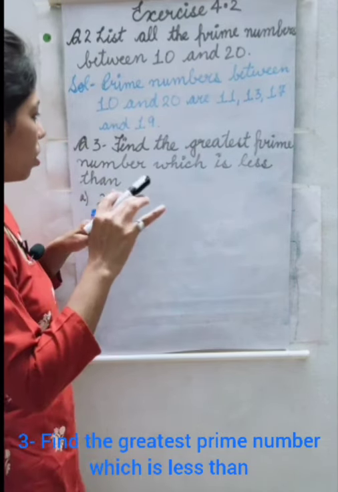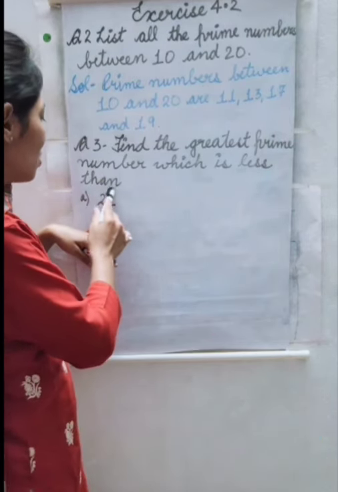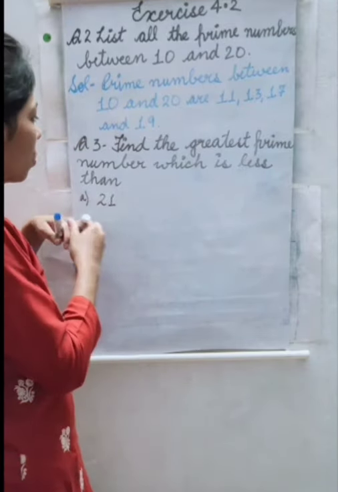So that number we have to find out which is less than 21 but greatest of all.